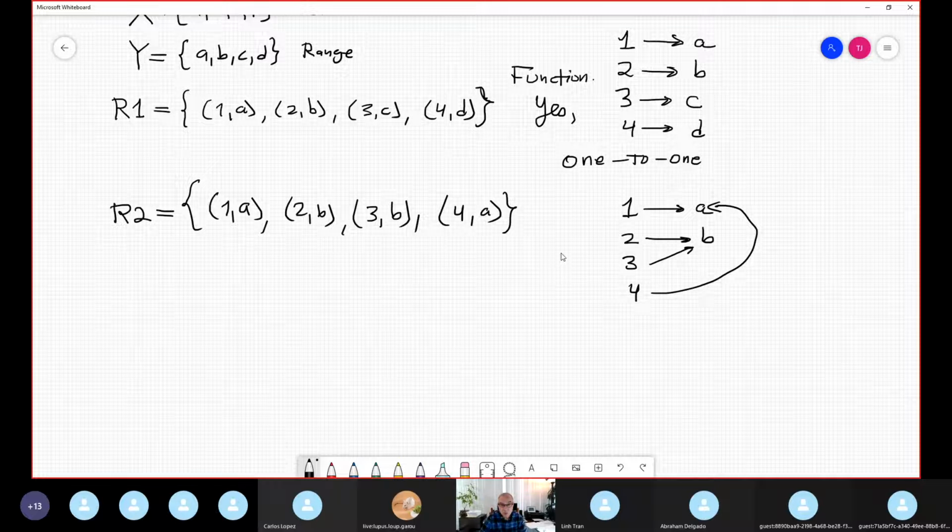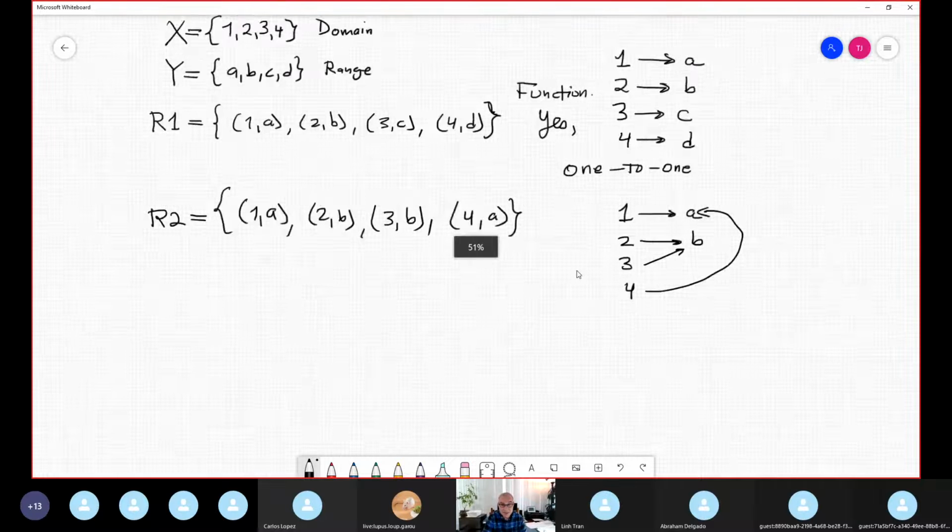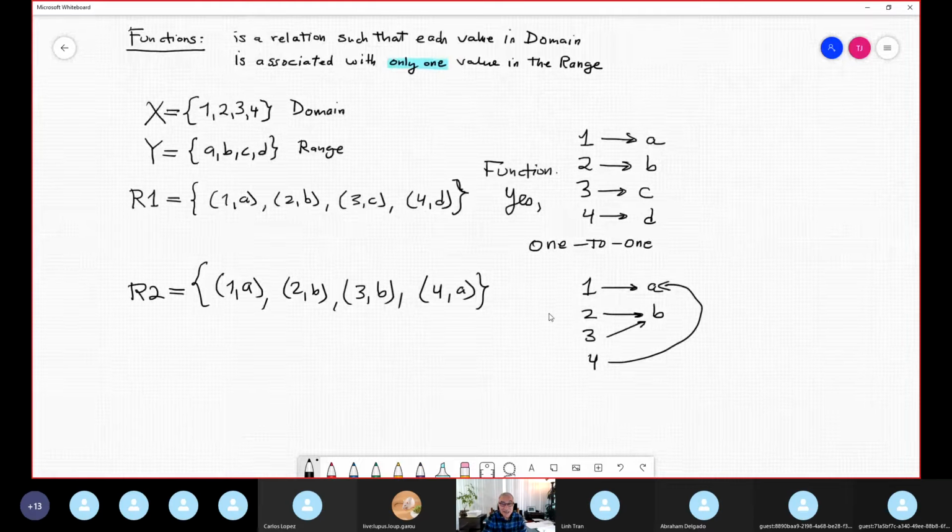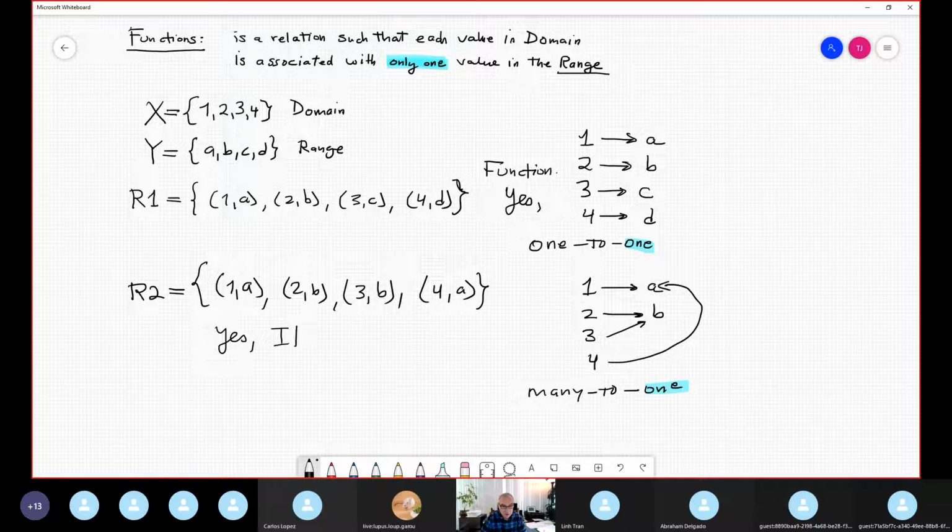Is it a function or not? The confusing part in the definition is that it allows one value in the range, so it's like a many-to-one relation. But the most important part of the definition is this part: only one. Do you see? So the answer is yes, it is a function.